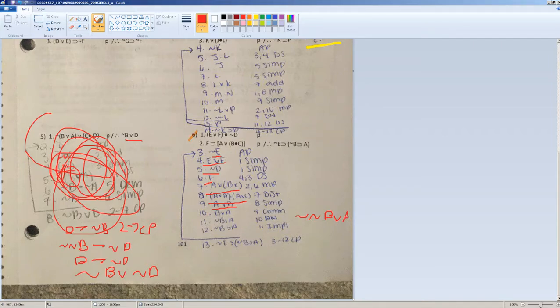Okay. And then you used impl, so it'd be not B or A. Okay, so the double negation is implied there. So you got that. Alright. Solid. Yeah, you took fewer steps than I did, because I did a double negation on the A, impled it, then contraed it, then double negated the A. Yeah, so 6, you're golden.